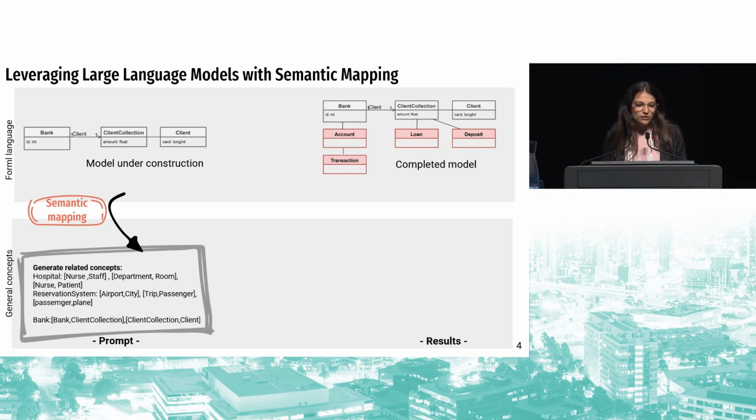But the problem is this general concept does not map directly to our model formalism. In our work, we suggest building what we call a semantic mapping between what these LLMs have already learned and the formalism in which people want to model their work, for example here the class diagram. So we start by providing the LLM a description.